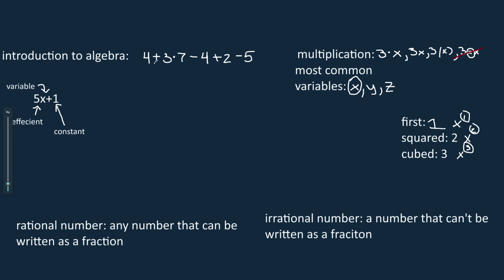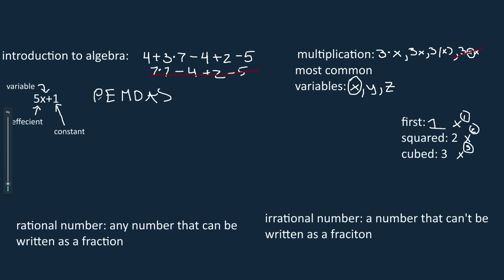You might say, oh, we go from left to right, like reading. 7 times 7 minus 4 plus 2 minus 5. But that is wrong. We follow something called PEMDAS, which stands for parentheses, exponent, multiplication, division, addition, subtraction. This is the order that we do our problems in.